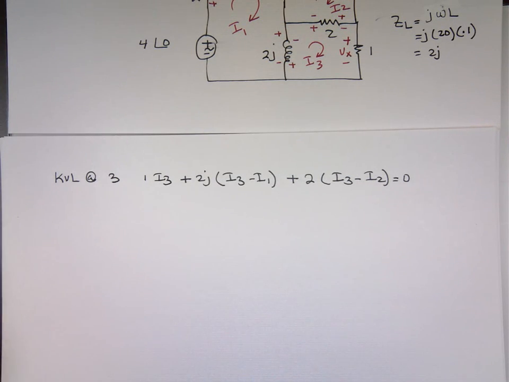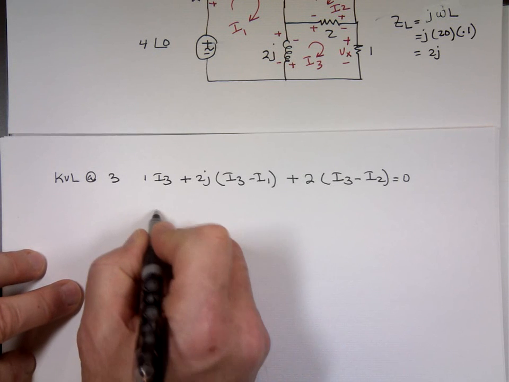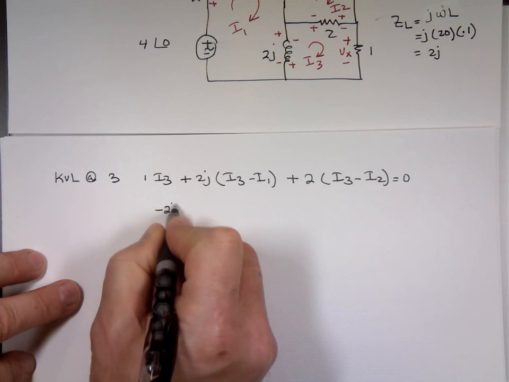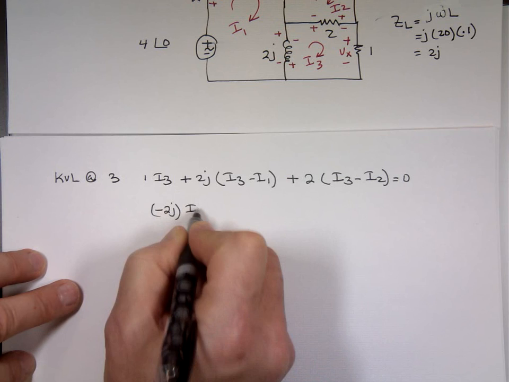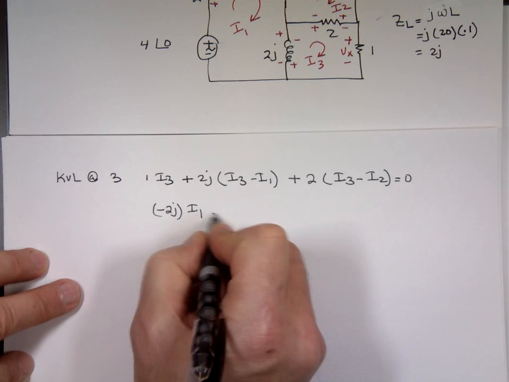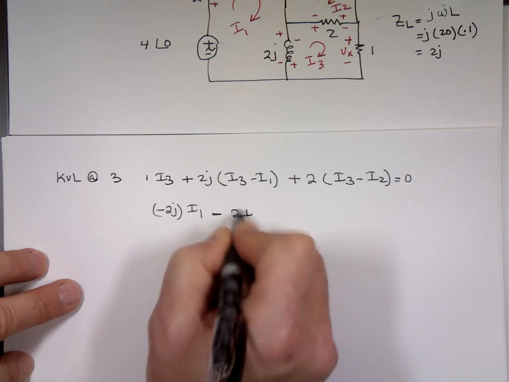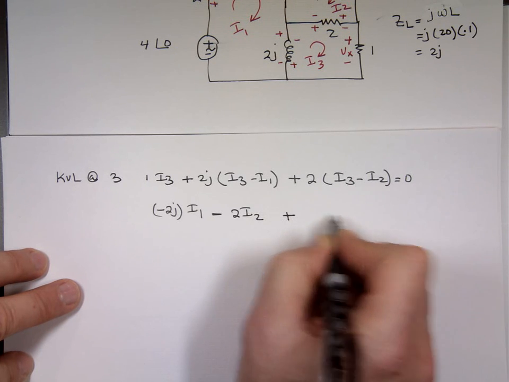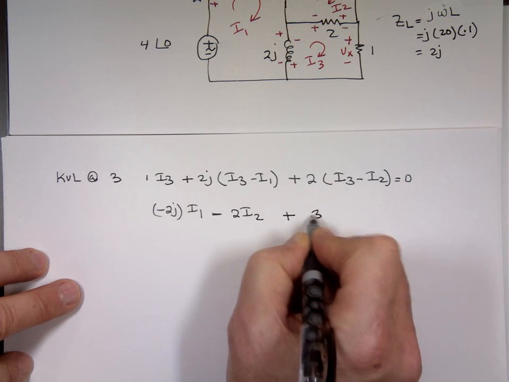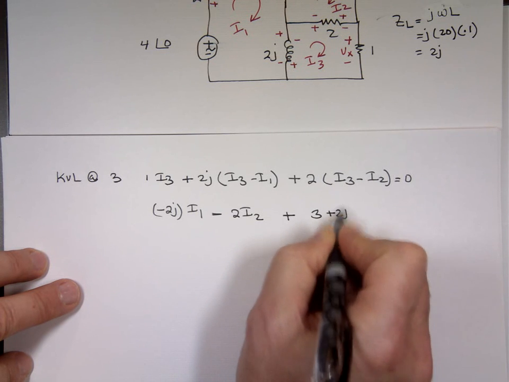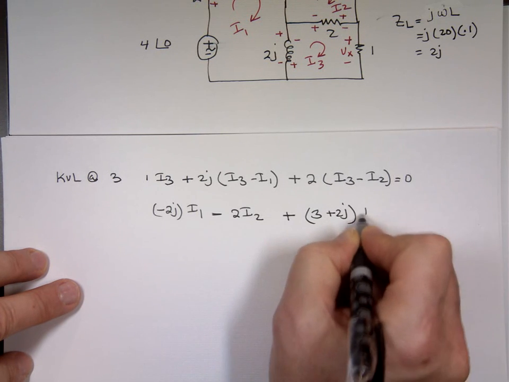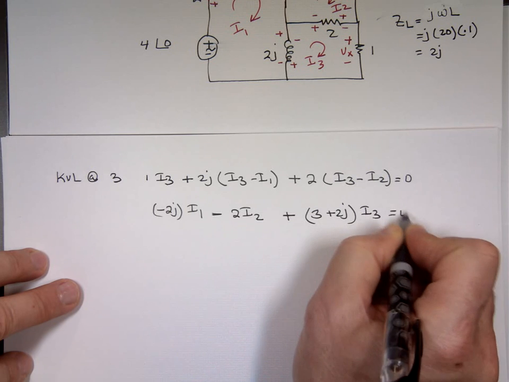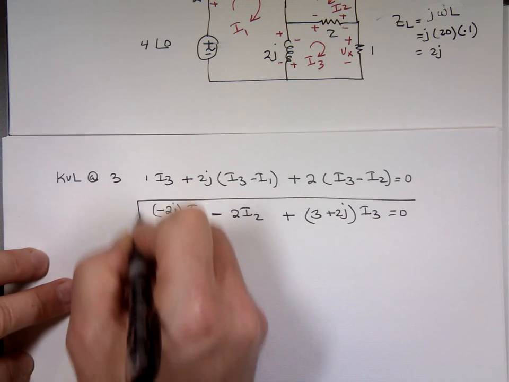Clean it. For I sub 1, I see negative 2j I sub 1 minus 2 I sub 2 plus, what do we have for I sub 3? Is it 3 plus 2j? And that's my third equation. 3 equations by 3 unknowns.